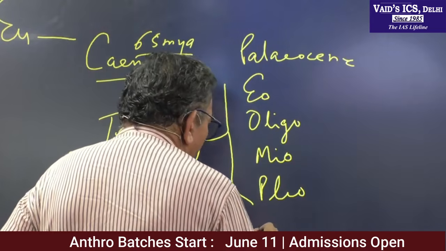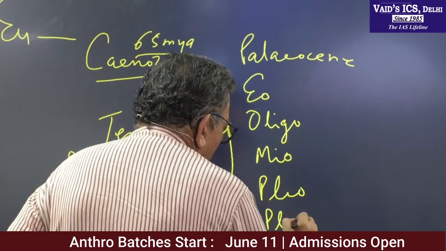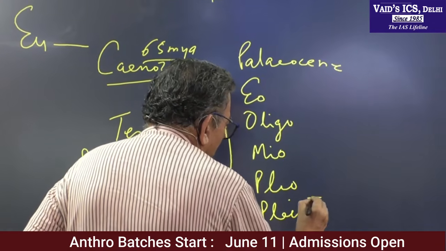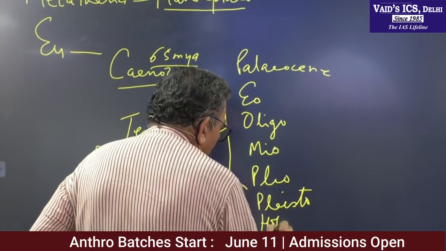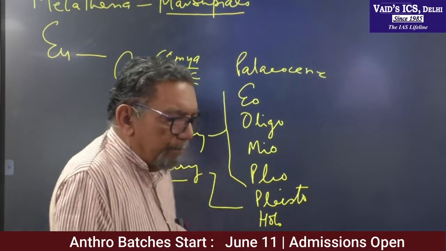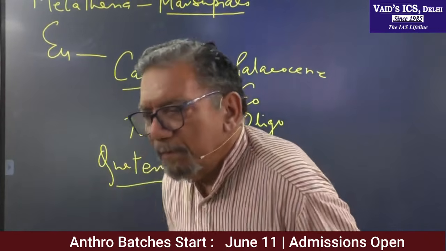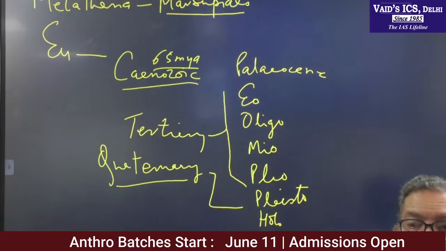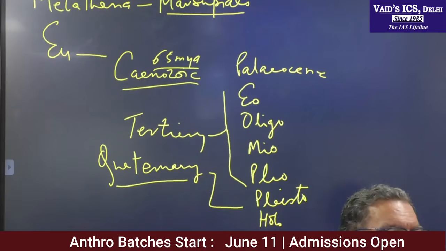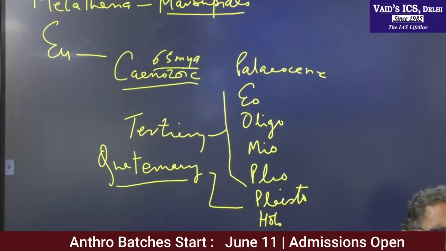Then in quaternary you have Pleistocene and Holocene. Paleocene, Eocene, Oligocene, Miocene, Pliocene, Pleistocene and Holocene.